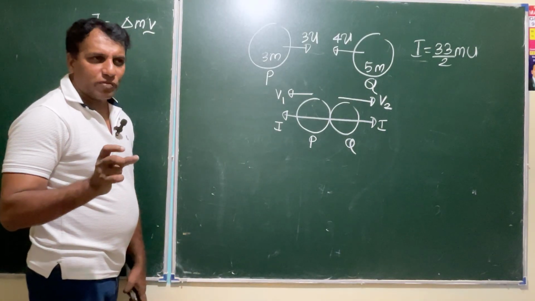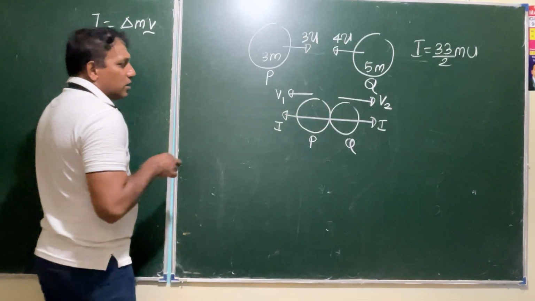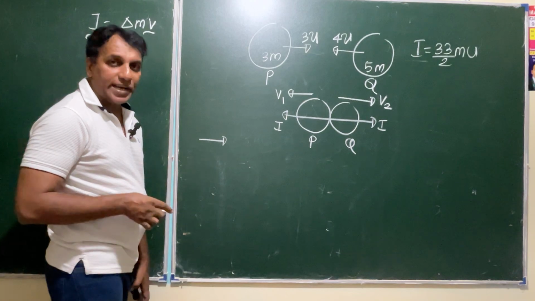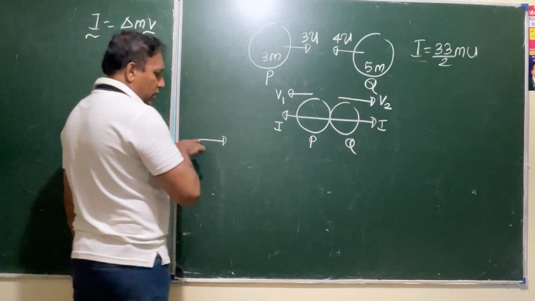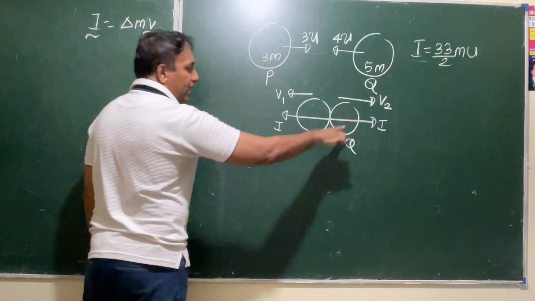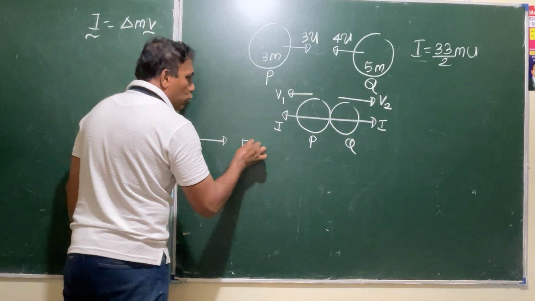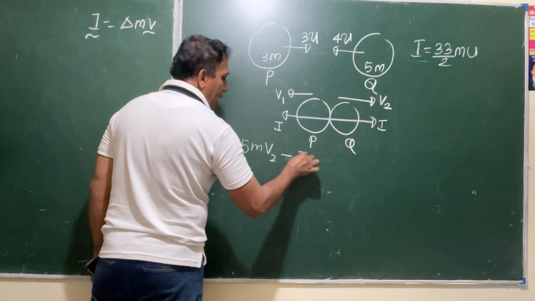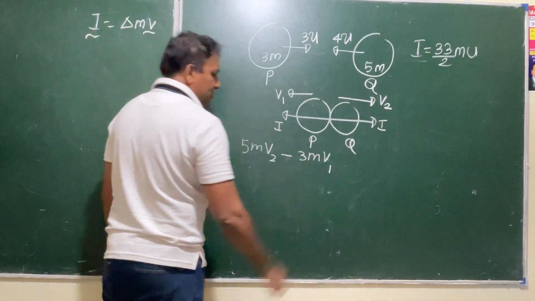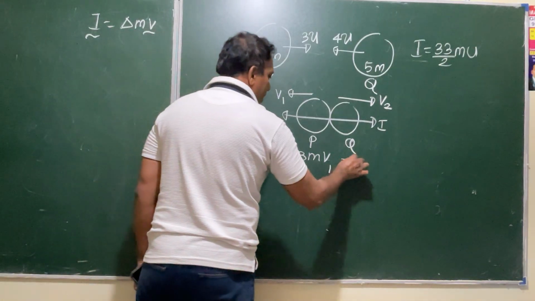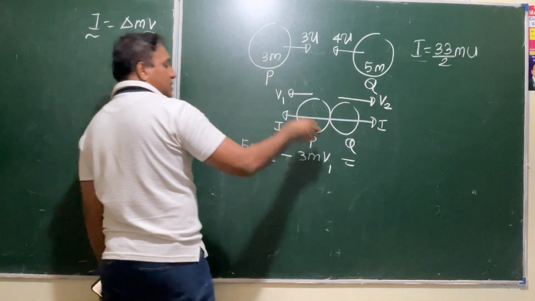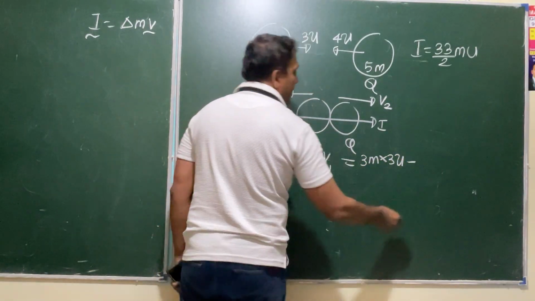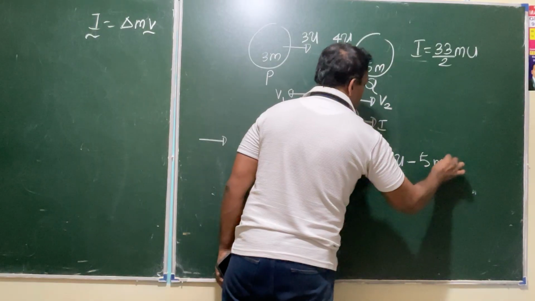Apply the principle of conservation of momentum in a particular direction, where final momentum equals initial momentum. In this direction, the final momentum is 5mv2 minus 3mv1, equal to the initial momentum, 3m into 3u minus 5m into 4u.